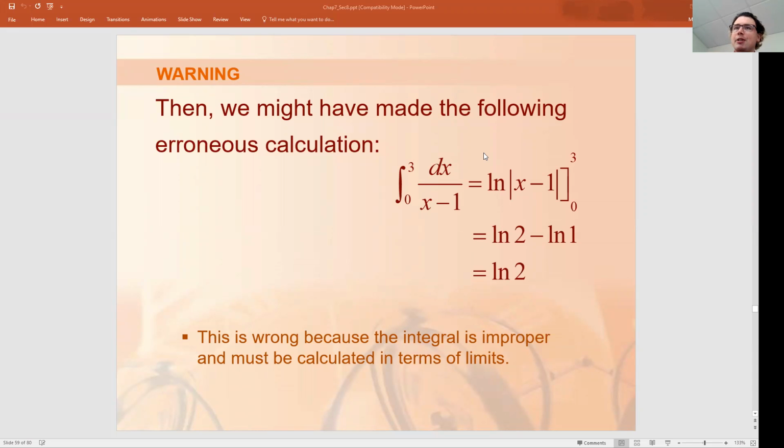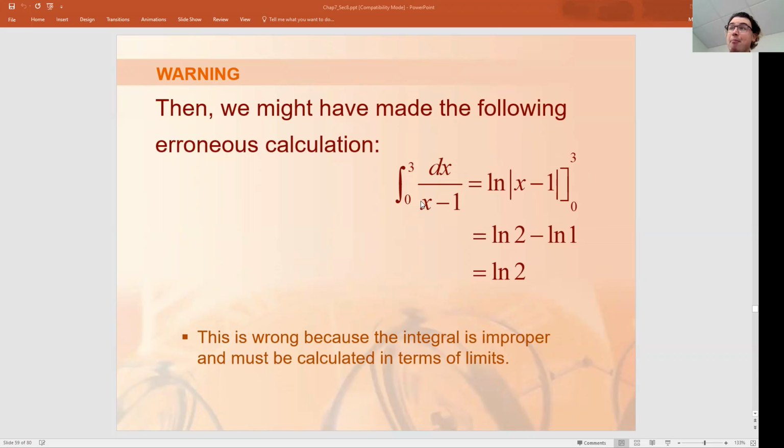So for example, if I was trying to calculate the integral from 0 to 3, and the function I've got is dx divided by x minus 1, it's tempting to write my antiderivative formula and do my fundamental theorem of calculus step, and I'll get a number. But this actually is not the value of the integral here.